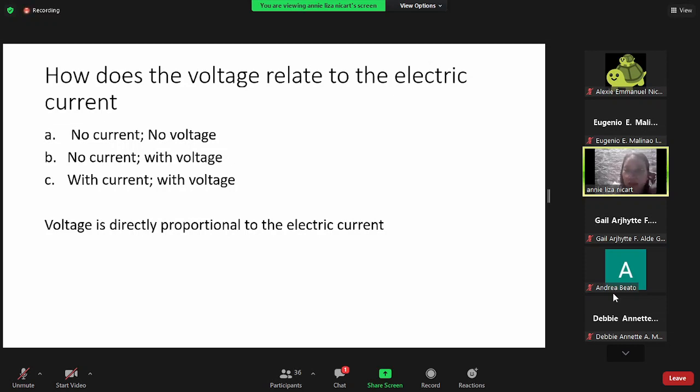Okay, bakit yung makikita ninyong mga signages ay high voltage, hindi high current? Before that, ano yung nakakapag-cause ng electrocution? Is it the voltage or the current? Current. Okay, so it's the current. Siya yung nakakapag-cause ng damage, the current. Pero doon sa mga signages, it's written high voltage, not high current.